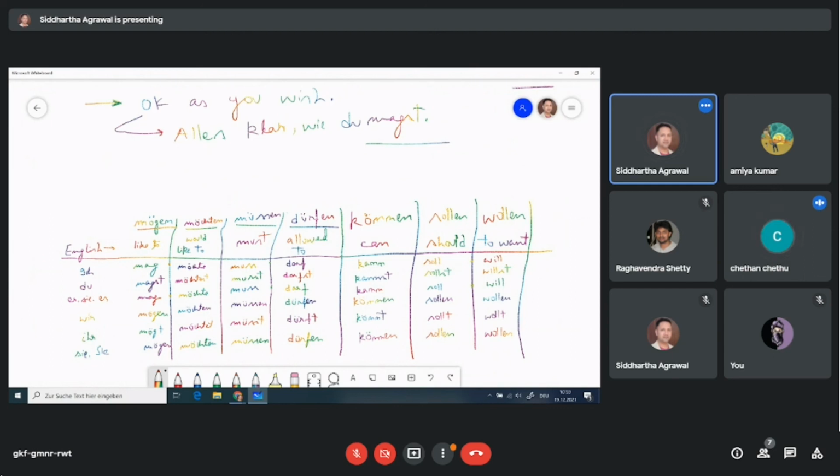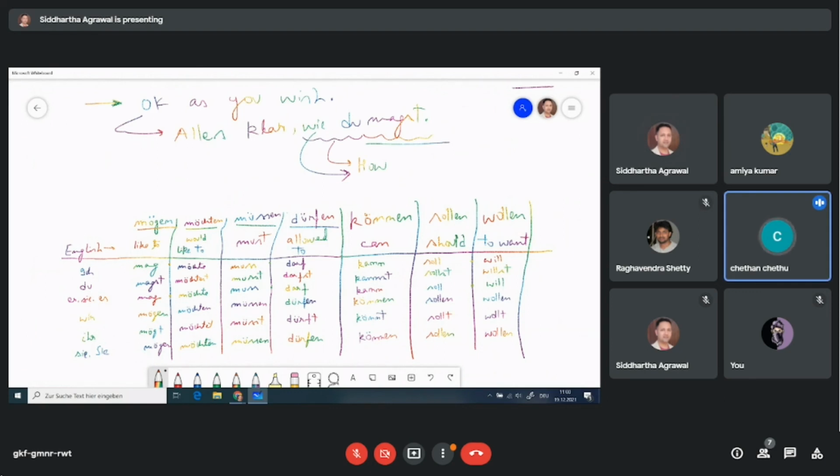Right? Why do we have "wie" here? "Wie du magst" is, how do I say it? Whatever you want. It means how you wish. That's right. The literal meaning of "wie" is how, but it is used in multiple senses as well. I am unable to explain why it's so, but it has to be like this only.